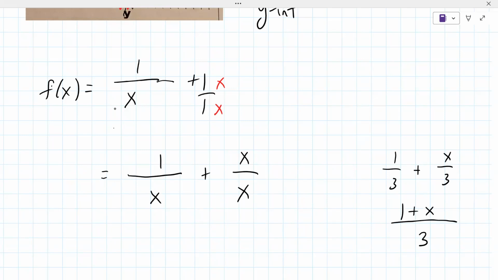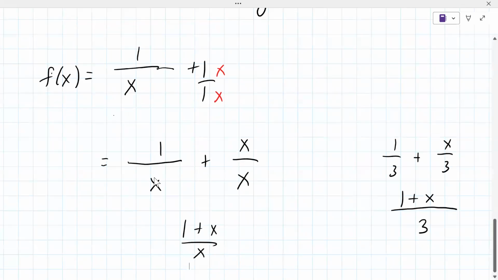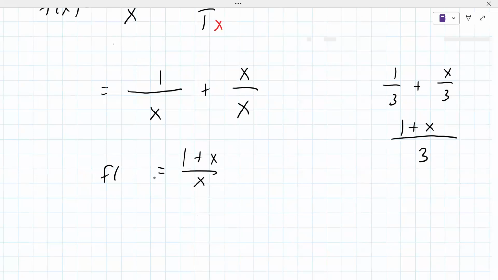Okay, so then that would just be 1 plus x over x. 1 plus x over x.